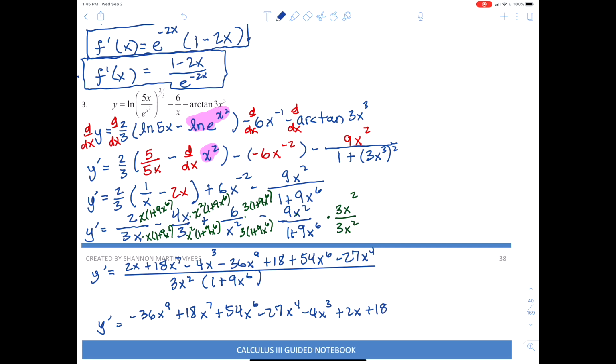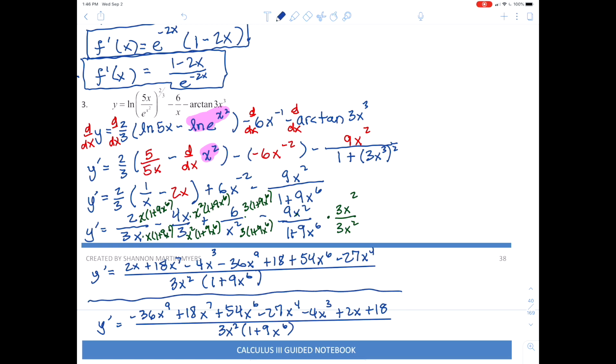So let's see, 1, 2, 3, 4, 5, 6, 7 terms. And that's all over 3x squared times quantity 1 plus 9x to the 6. Cool, cool. Getting your algebra warm up and your Calc 1 warm up here.